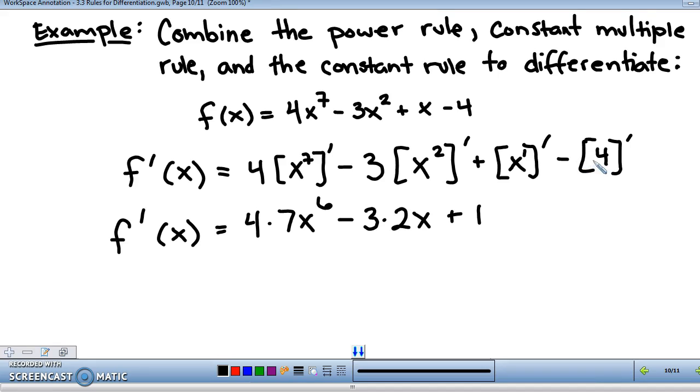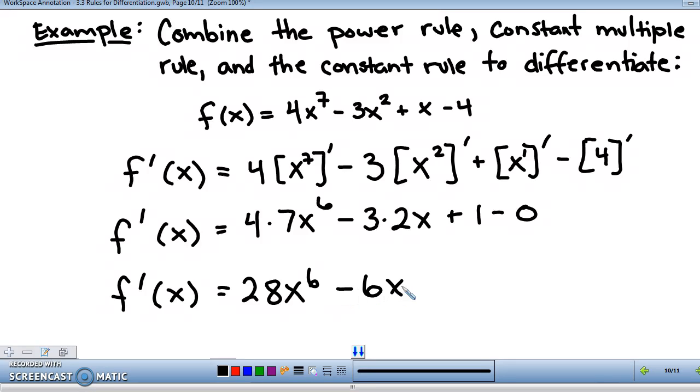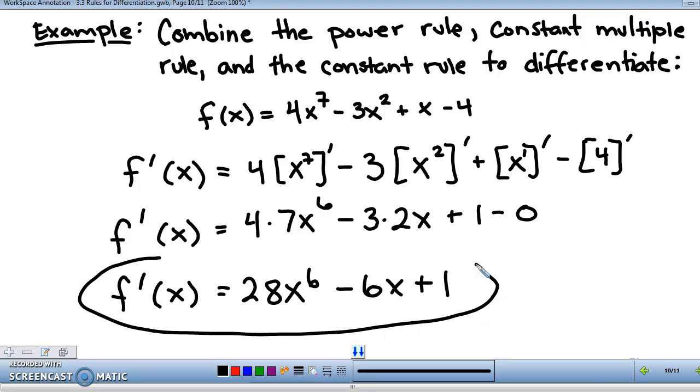And the very first rule tells us that the derivative of a constant is 0. So we get f prime of x is 28x to the 6 minus 6x plus 1. That's the answer. Okay, that is it for this video.